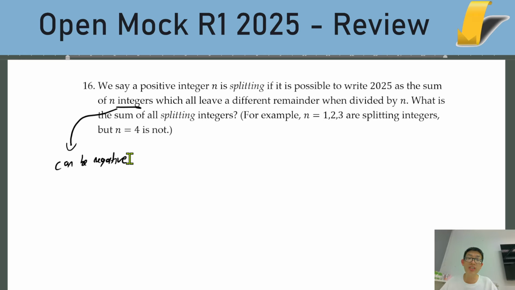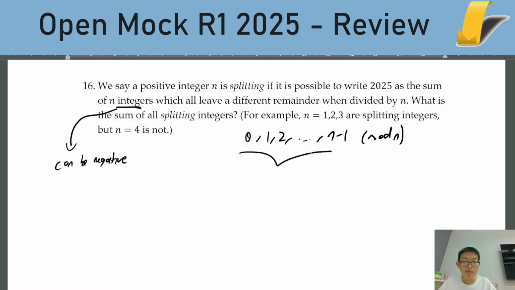So my only concern is about the different remainders, 0, 1, 2 to n minus 1 mod n, and they sum up to n minus 1 times n over 2 mod n, which, depending on n, can be simple or not simple, because remember, this is the number 2025 that you're trying to split up.